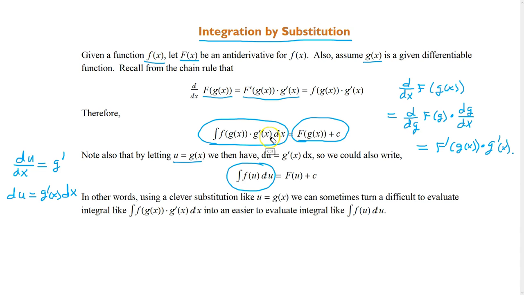So basically, the moral of the story here is that by doing a substitution, we can turn a rather difficult looking indefinite integral like this into something that is perhaps a little bit easier to integrate, which looks like this down here. Now let's take a look at a few examples and we'll clarify what's going on here.